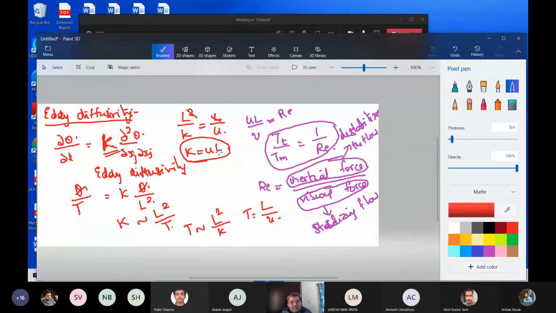If L is the length scale of the flow, in our case the length of the room, and U is the velocity with which the flow is occurring, we can say that the eddy diffusivity for the flow in that room is of the order of UL. That is known as eddy diffusivity. So this K is known as eddy diffusivity.